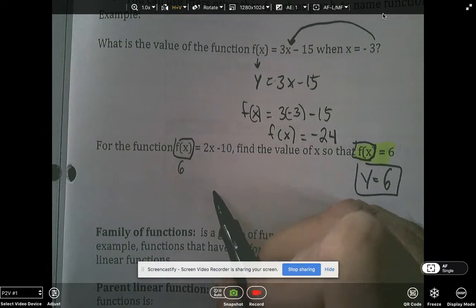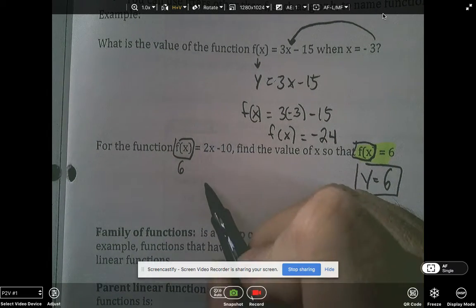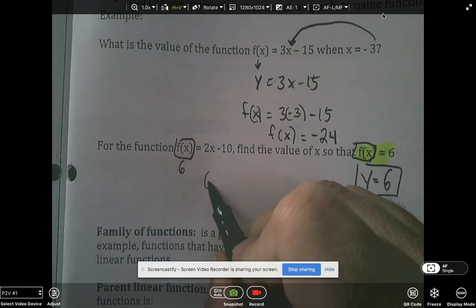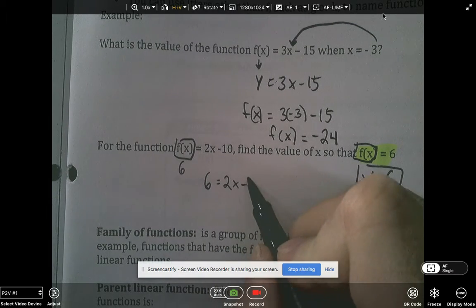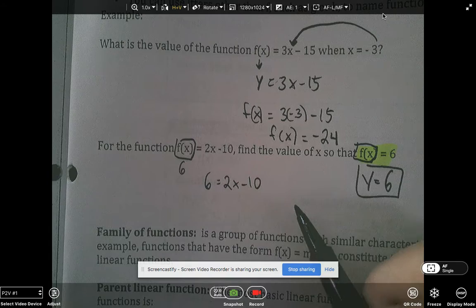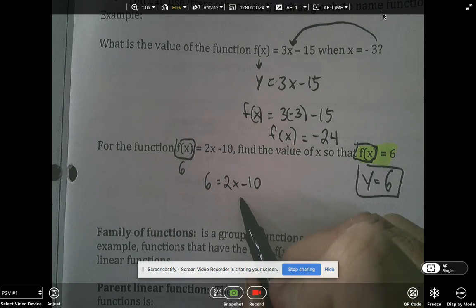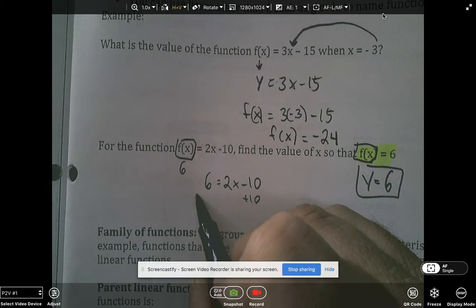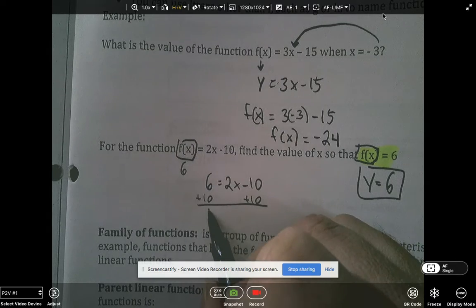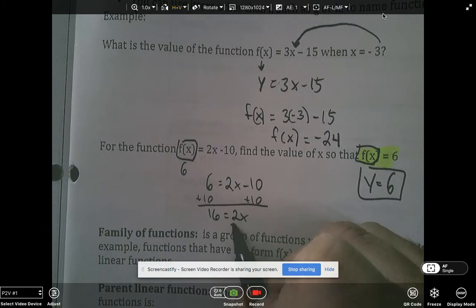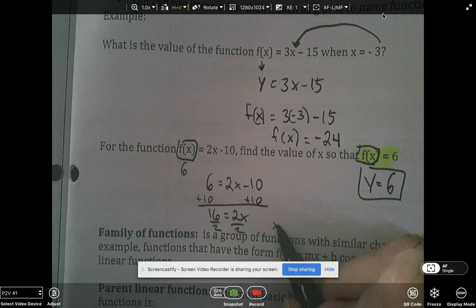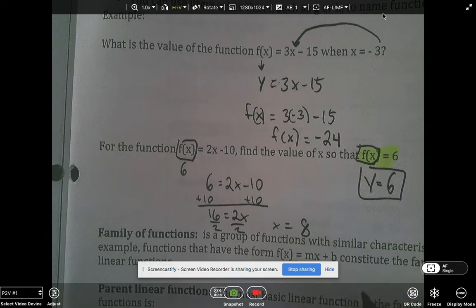Now you're going to have to do some solving. So it would be 6 equals 2x minus 10. What's the first thing I do here? Plus 10 here, plus 10 here. 16 equals 2x, divide by 2, divide by 2, and x equals 8.